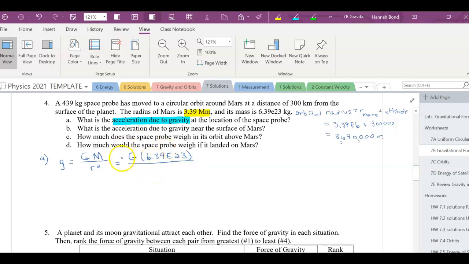Okay, the orbital radius at the location of the space probe is that number we just found, 3,690,000 meters, and that r has to be squared. Okay, so the acceleration due to gravity at that location is 3.130 meters per second squared.